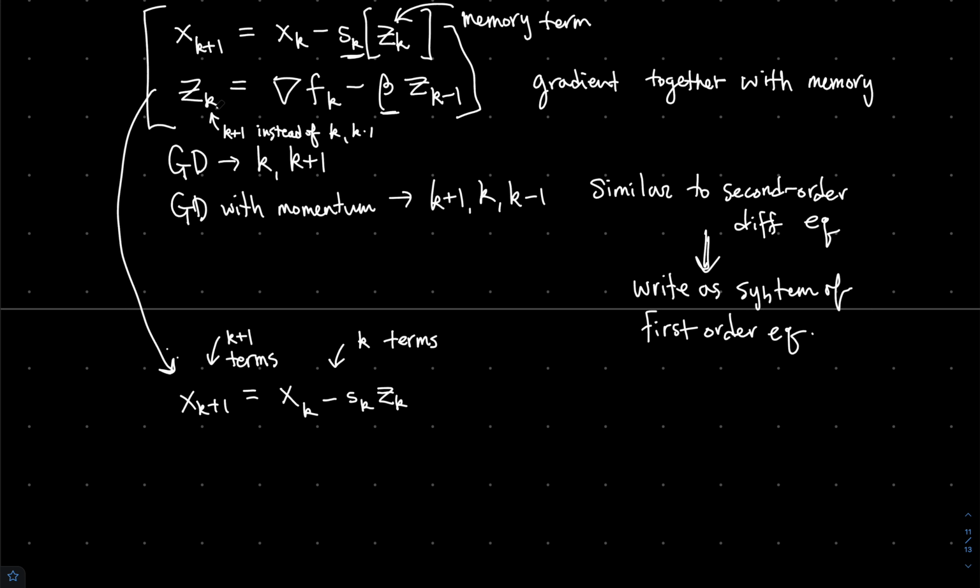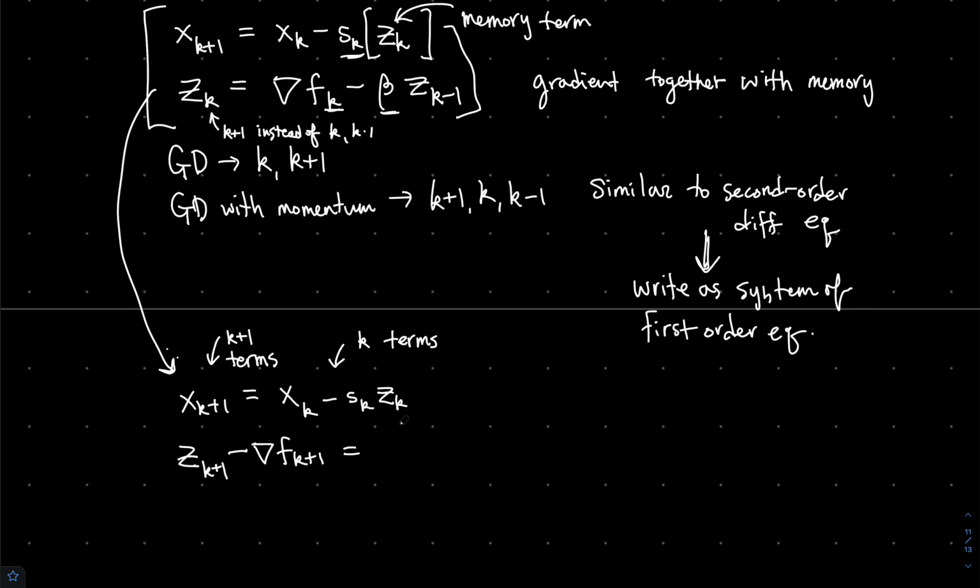So if we insert k plus 1, we get z k plus 1. And since this k also has to be replaced to k plus 1, and we're trying to collect all the k plus 1 terms in the left-hand side, we need to move this gradient fk term to the left-hand side. So now we get gradient fk plus 1.